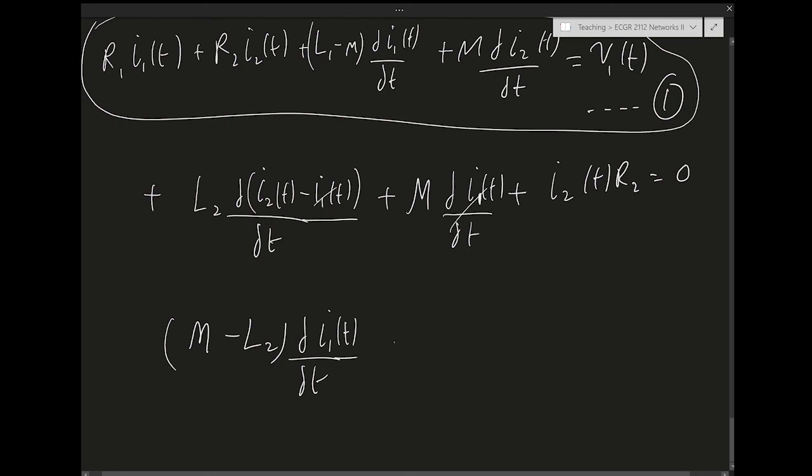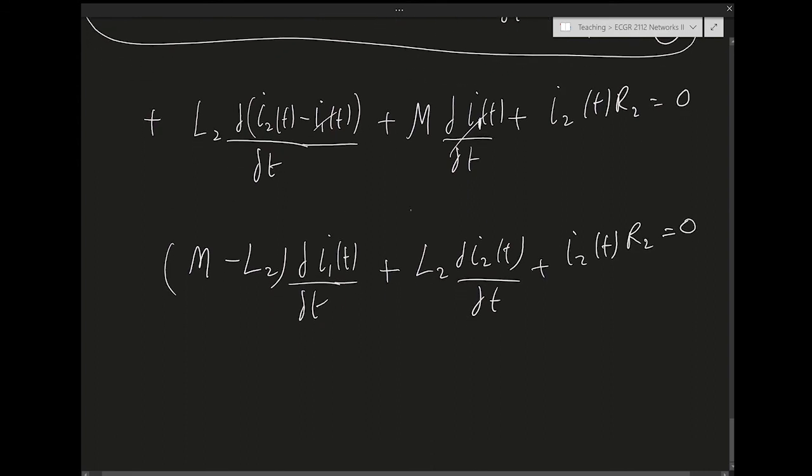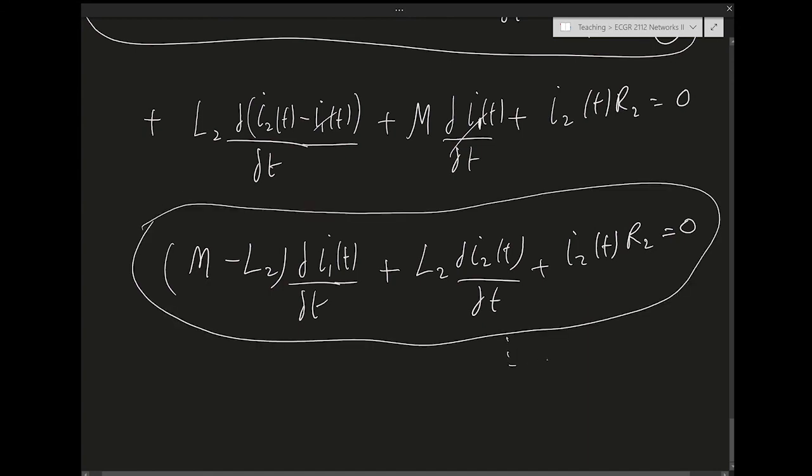And then I'm going to have plus L2 di2(t) over dt plus I2(t) R2 equals 0. And this is mesh equation number 2 that we got by taking into account the mutual inductance.